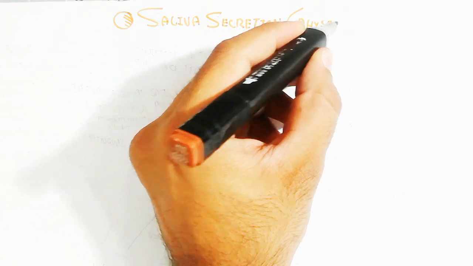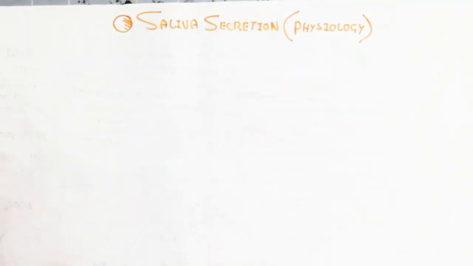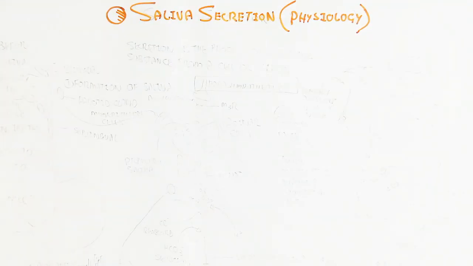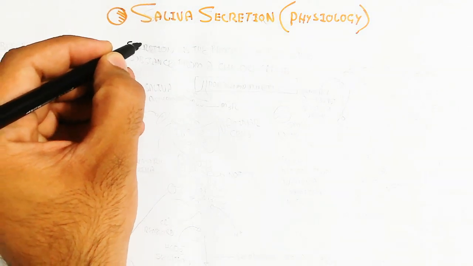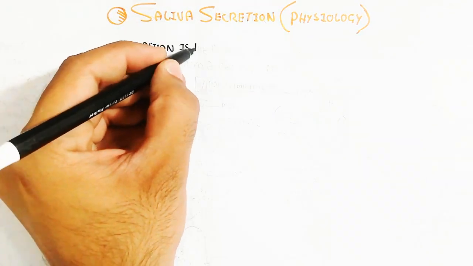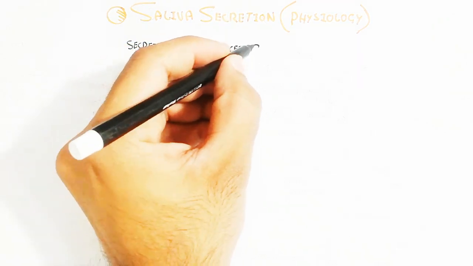So, how does secretion of saliva from the oral cavity occur? Secretion is the process of releasing a substance from a cell or gland.